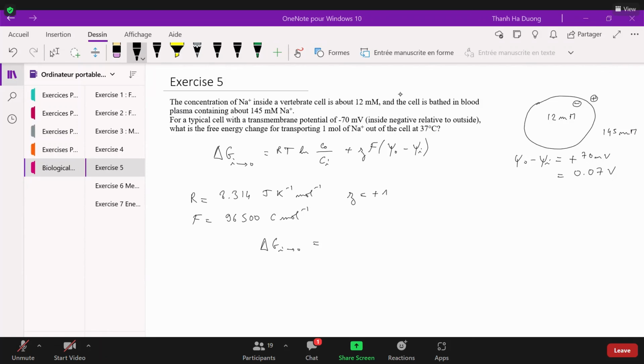So you have the temperature, the gas constant, and you have the logarithm of the ratio. And it's not log, it's logarithm Nepérien.